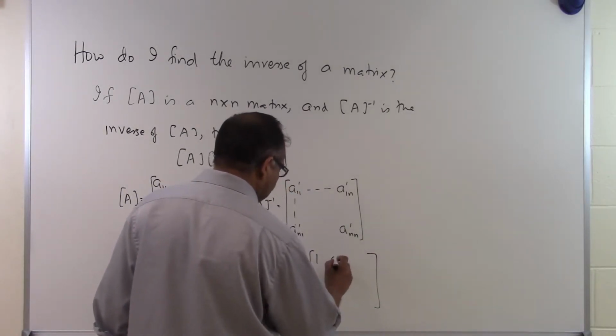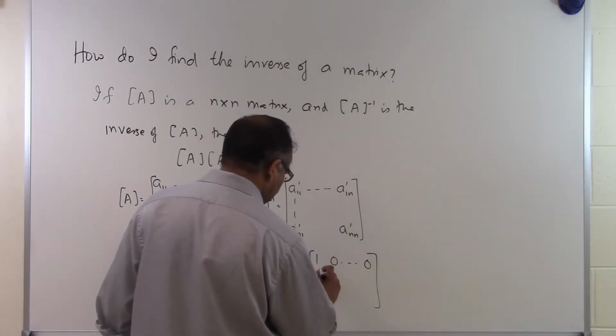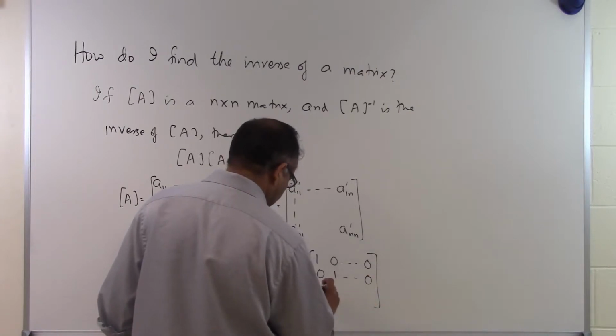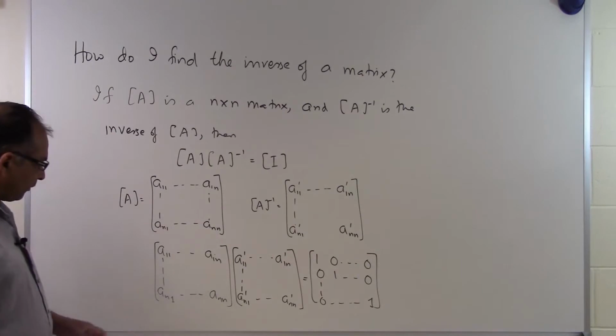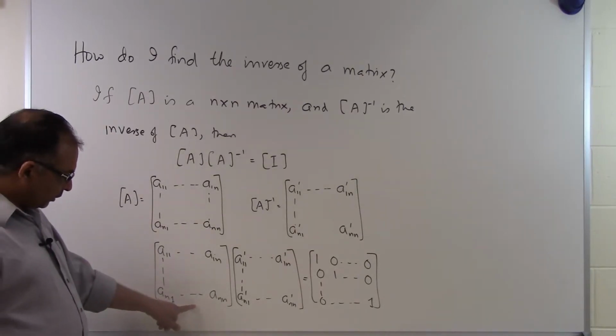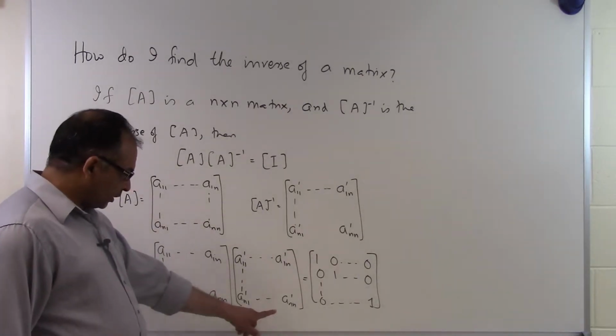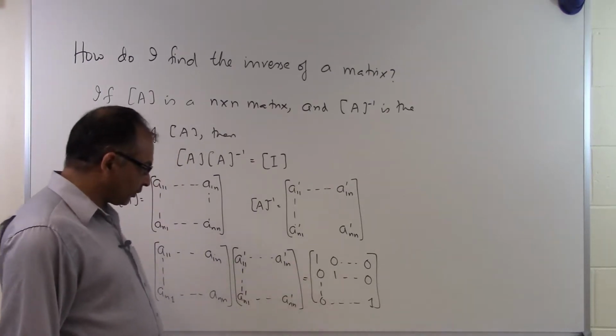So I get 1, 0, all the way to 0, 0, 1, 0, and all the way 0 here and 1 here. So what I basically have is an n by n matrix, which I'm multiplying by its inverse, and I'm supposed to get the identity matrix right here.